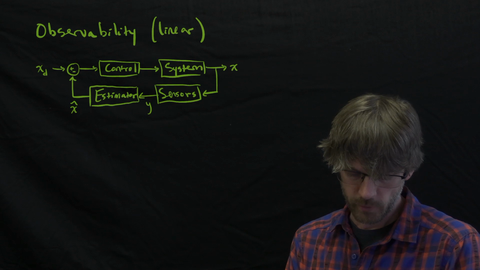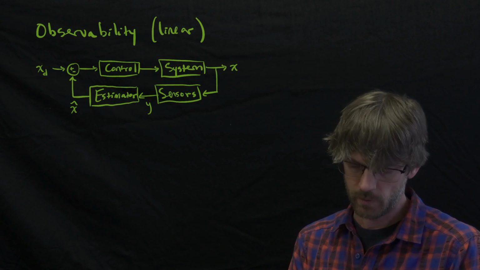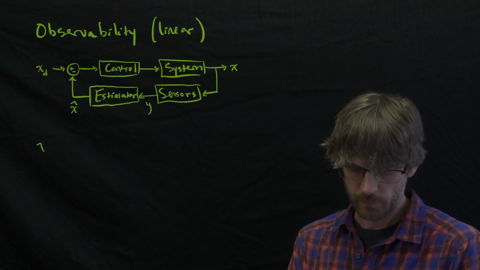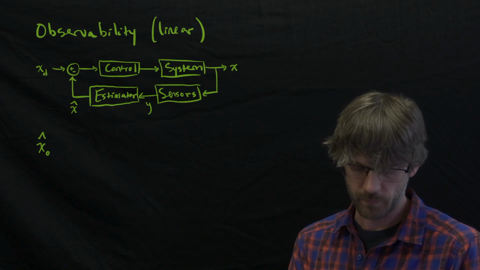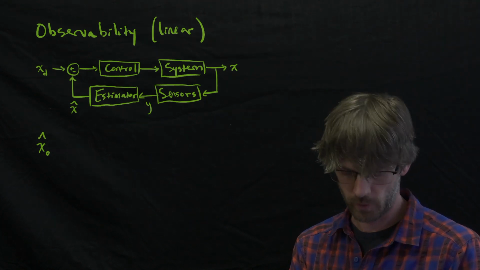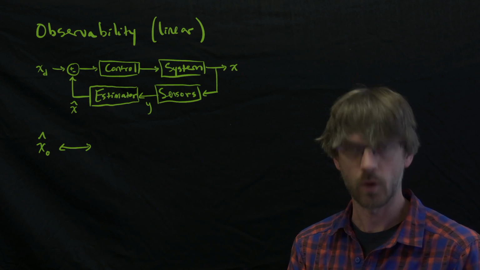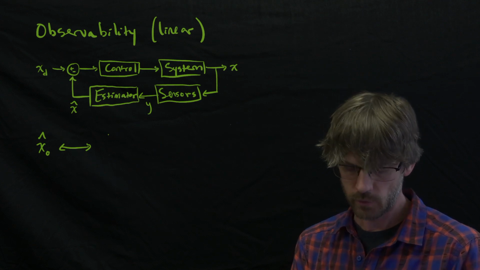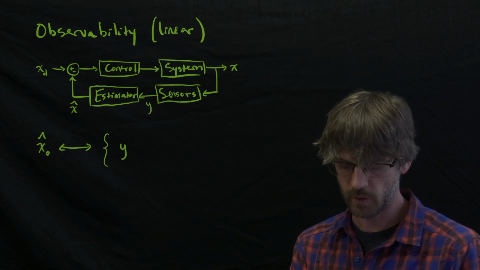But observability lets you determine whether or not there is a one-to-one function that relates the estimate of your initial condition to the collection of measurements that you have.